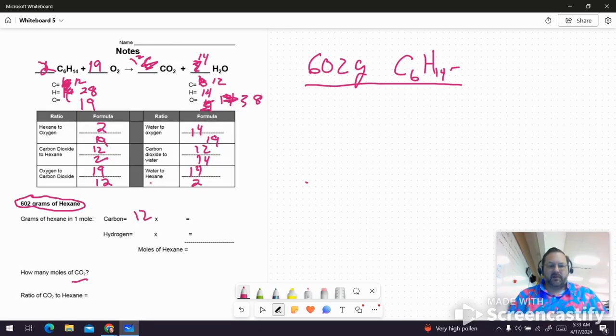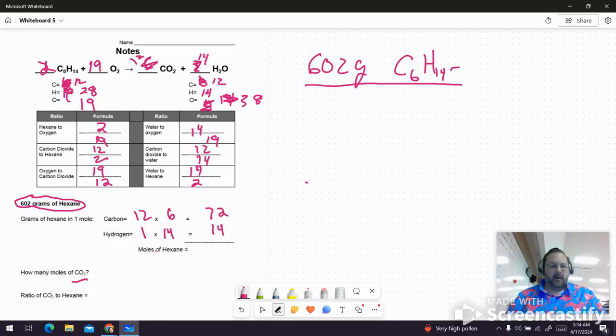How many carbons do I have in each molecule? I have 6, right? So 6 times 12 is 72. Hydrogen is 1. How many hydrogens do we have? Go back over here, right there. We have 14. 14 times 1 is 14.